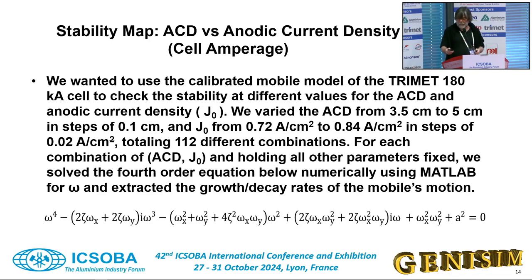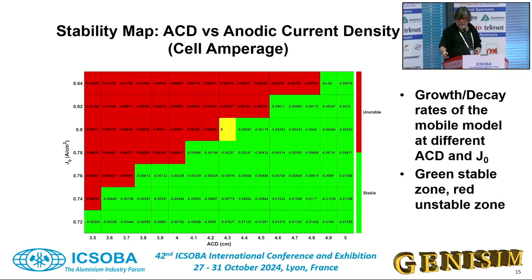And what I'm doing here is playing with the current density. The numbers here are from 0.72 to 0.84, and I'm playing with the ACD from 3.5 to 5. And then you solve this equation for each parameter change. Then you get this solution in like a second.